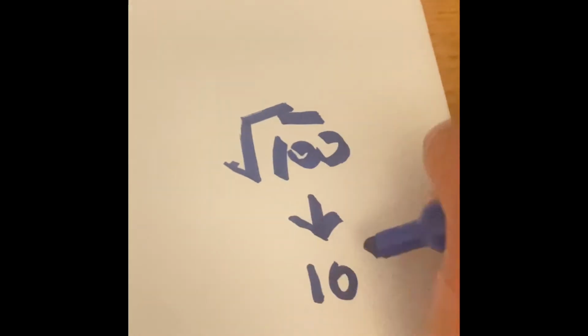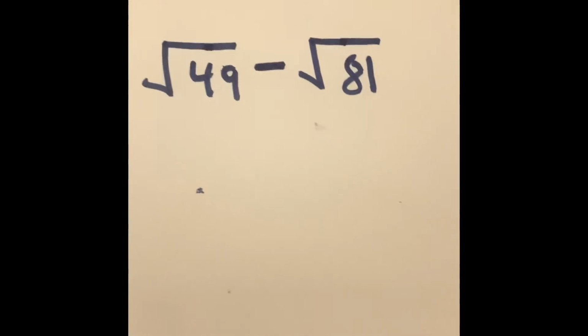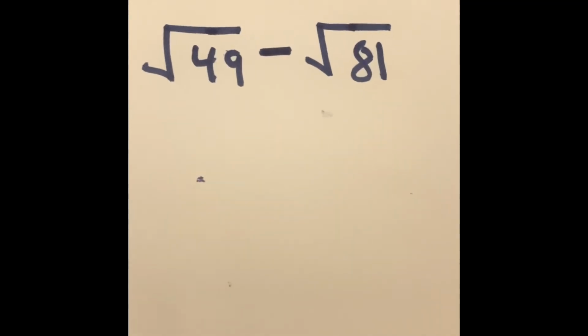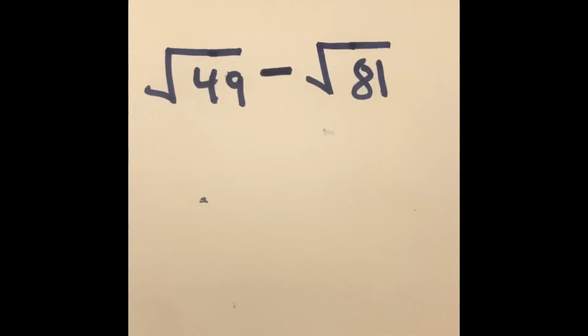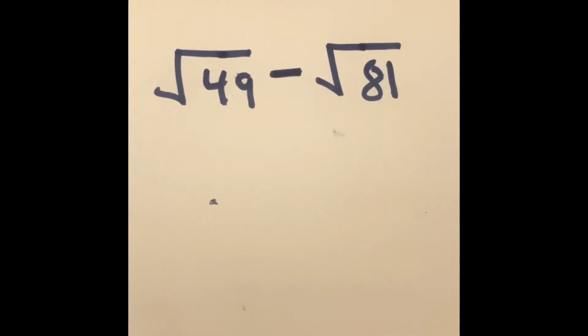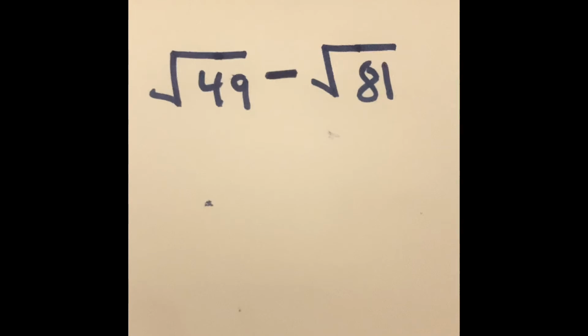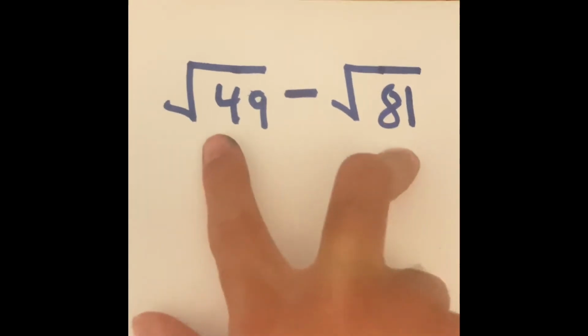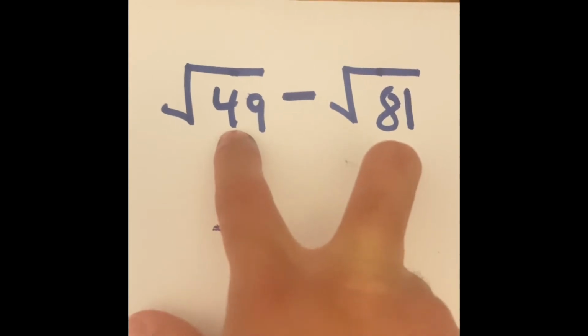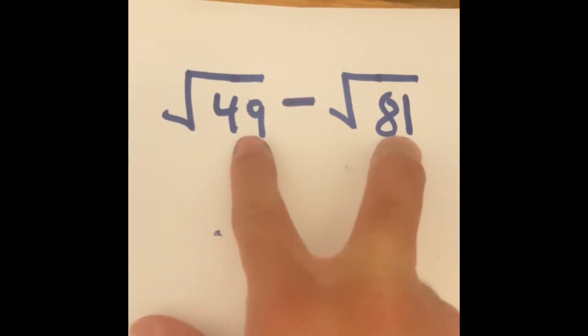Before doing any rewritten math, expanding things and taking numbers out of the square roots, you might want to ask yourself, is this a perfect square? And it appears that we do have perfect squares: the square root of 49 and the square root of 81.